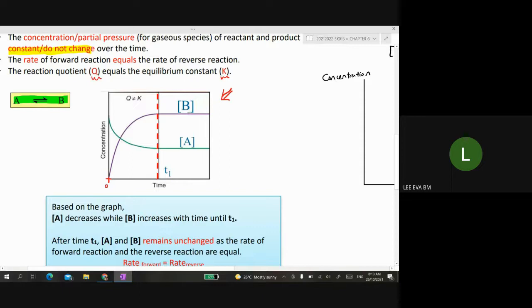Okay, but then at time 0, you will see there is some concentration for my A. So let's say I put some values over here, let's say 1.5 molar or something else.